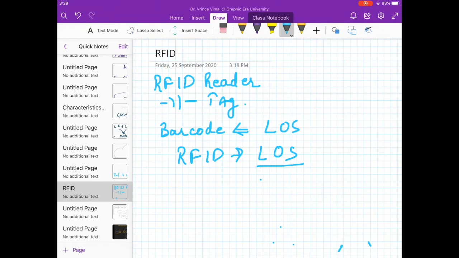RFID also gives you the unique identification number of all the products, but unlike barcode systems, this system can detect the RFID tag within its range or proximity, depending upon which RFID, UHF or LF, you are using. So it will detect the object without line of sight being required.